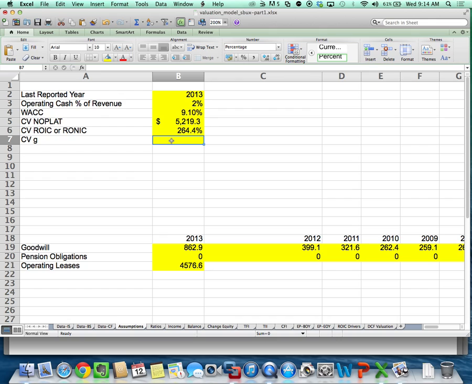And I need a continuing value long-term growth rate. I'm going to use 3%. So the continuing value long-term growth rate is basically the growth of cash flow of Starbucks forever. So the idea is Starbucks is primarily a U.S. company right now, even though they have international business.